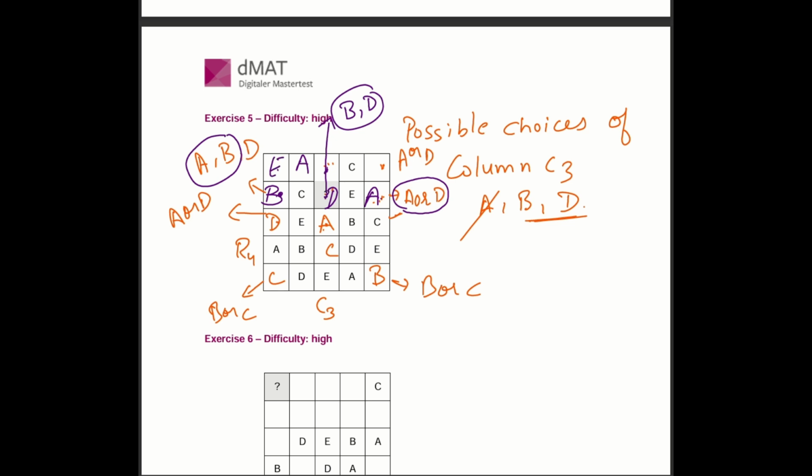It would be having A, it would be having E, it would be having B, and it would be having D.